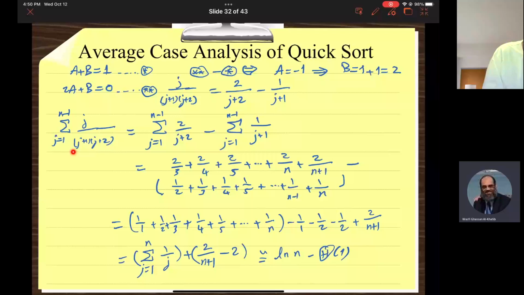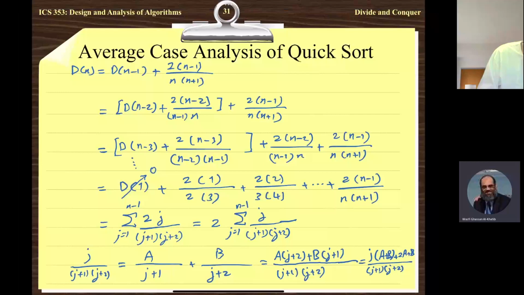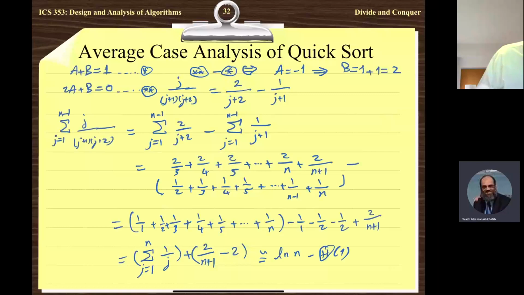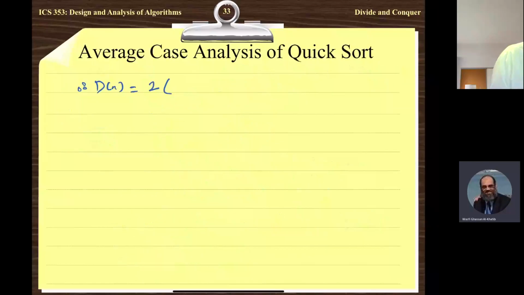So this is sigma j over (j plus 1)(j plus 2). What did we have? We have twice the sigma. So dn is equal to twice the summation. Let's rewrite it. Therefore, dn is equal to twice of ln n minus big theta of 1. And of course, 2 multiplied by a constant is again a constant.